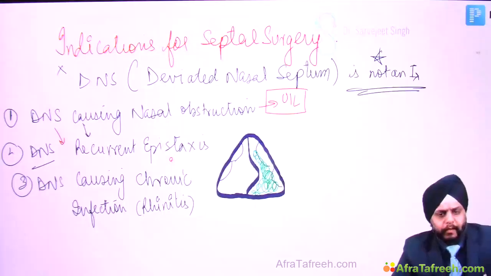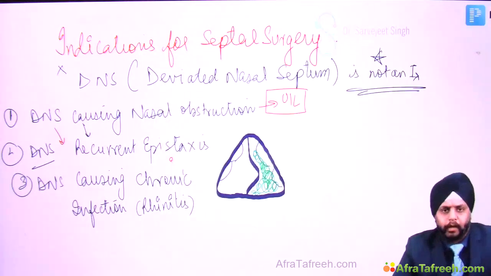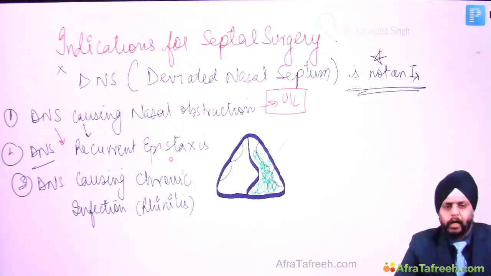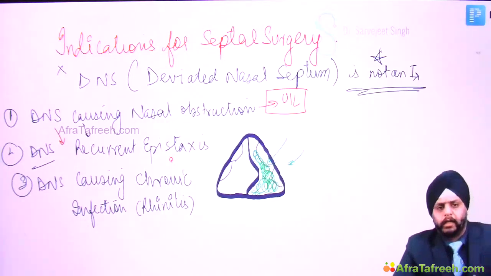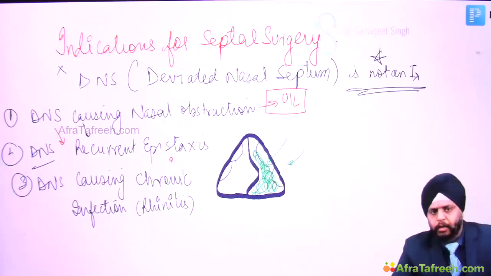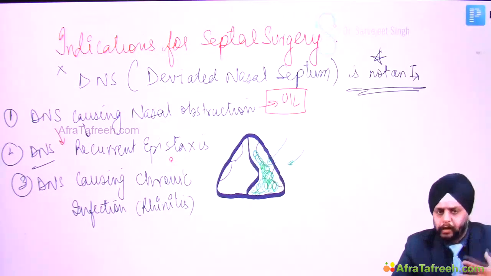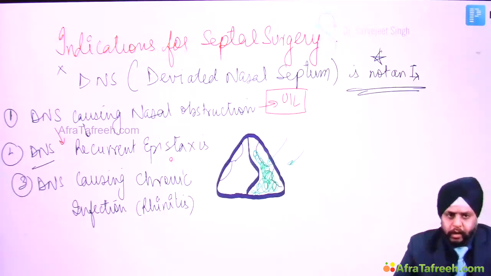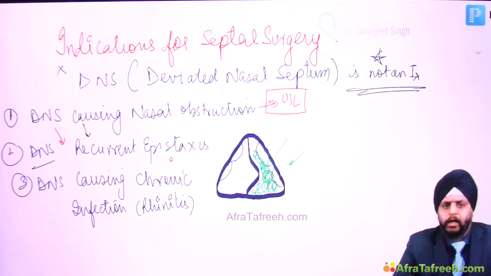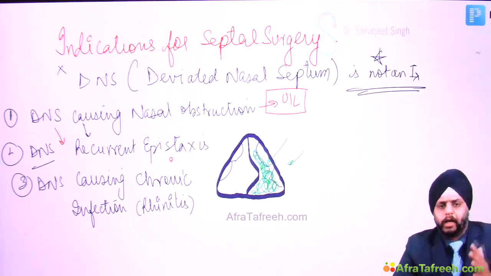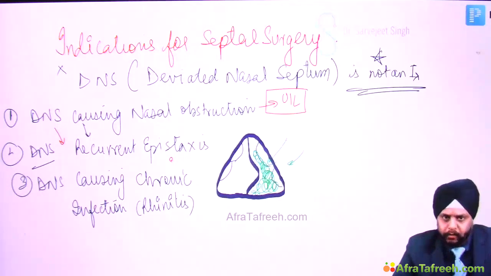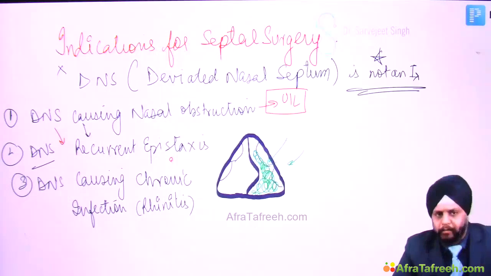Because the secretions accumulate and the airflow is not proper, they get infected, and this infection does not clear out because the airflow is less. So DNS can lead to chronic infection, and to completely cure the infection, we may have to do a septal surgery and provide adequate airway.